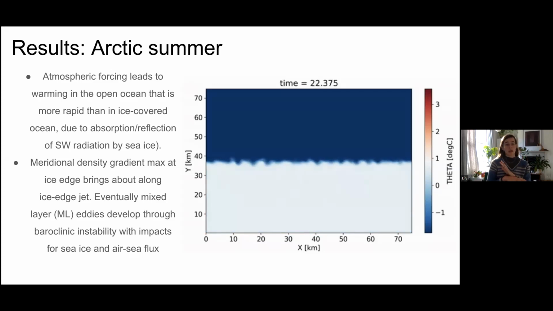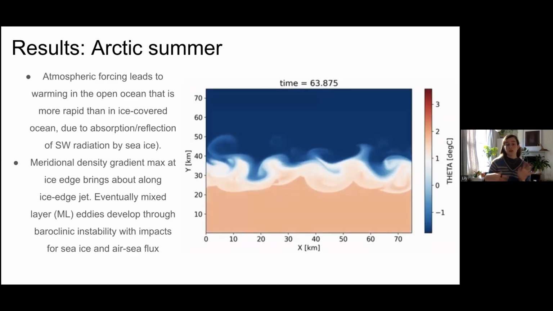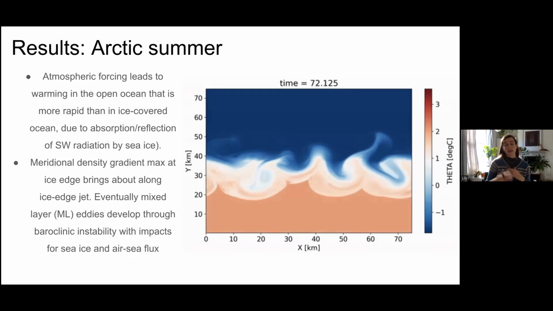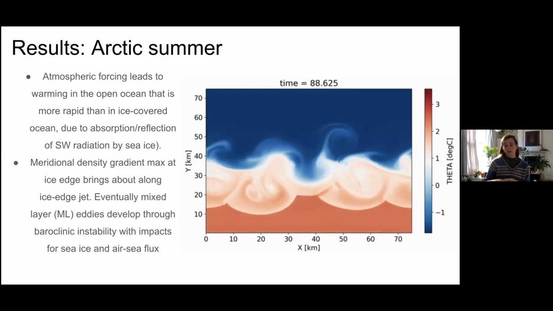So this leads to a lateral density gradient between the open and ice covered ocean, which brings about a jet along the ice edge, which eventually meanders and forms eddies. So these developed within the simulation.